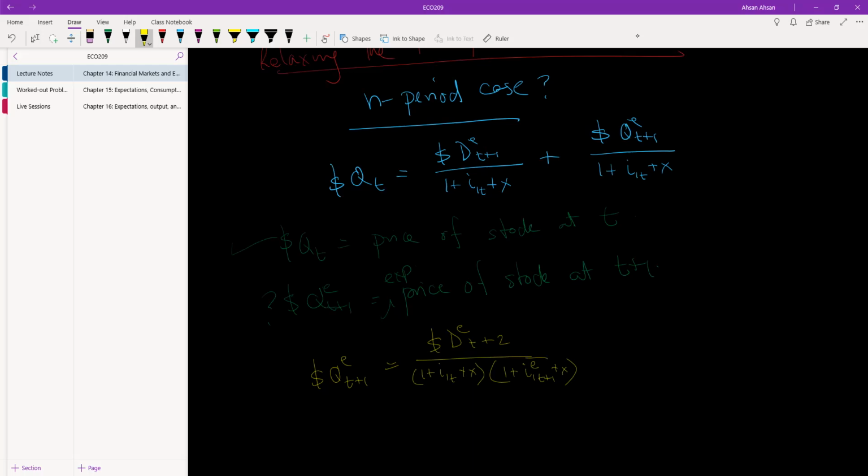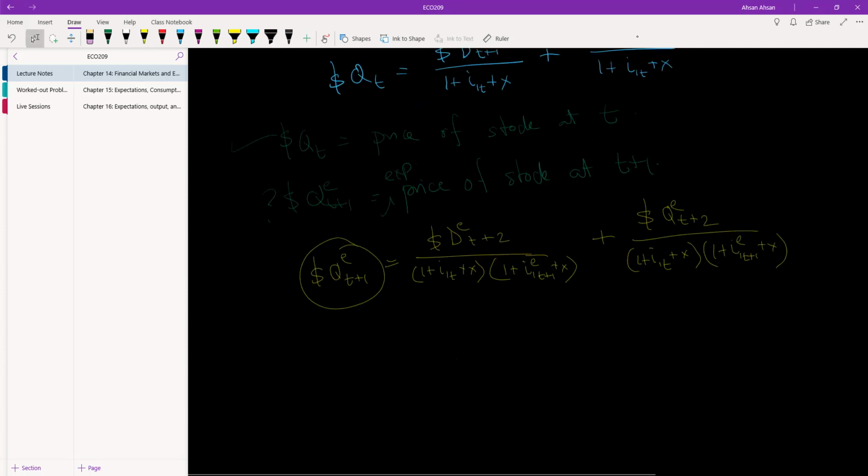Plus the expected Q in period t plus 2, divided by the same thing in the denominator, plus x, and for the next period expected I1 t plus 1 plus x, right? So now let's take this value and plug it into this equation.